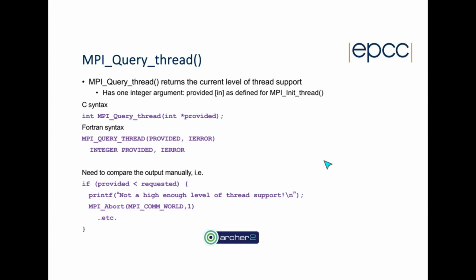There's also a query thread function, which just returns the current level of thread support that the library is providing. You can call this any time you like. So if you call MPI_Init_thread, you can be defensive: if you detect that the provided level is less than what you requested, then you can exit gracefully, for example.